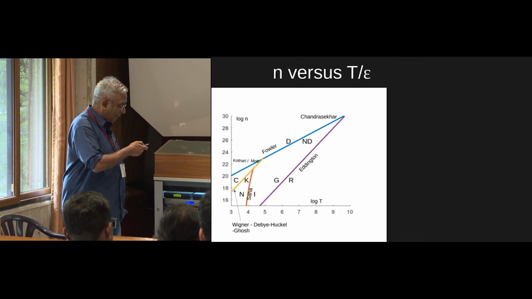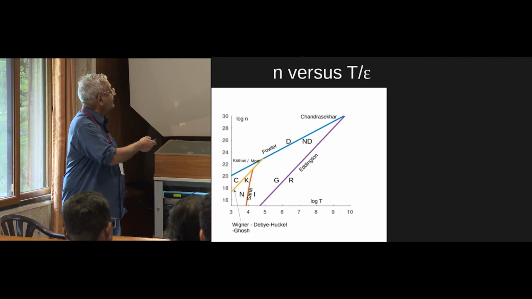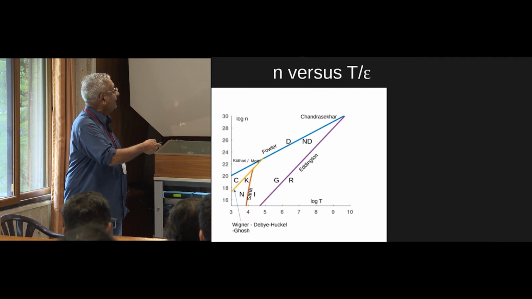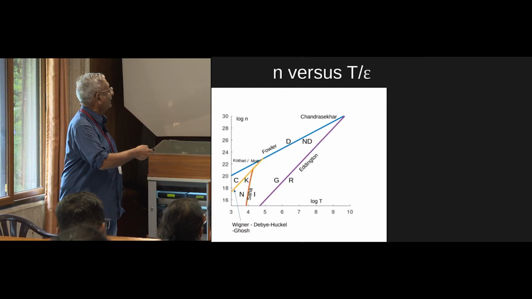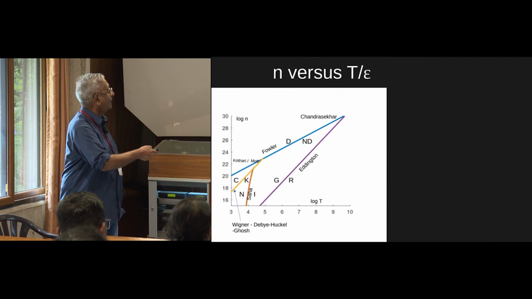One important line is the line which separates quantum behavior. On this side of the line I've written degenerate, and non-degenerate on this side. By the way, if you look at the Sun, the density is somewhere in this region, but the temperature is way out, millions of degrees, so it's well on the classical side.